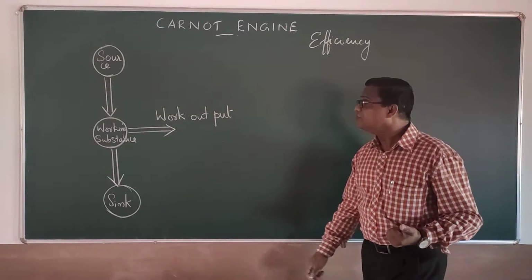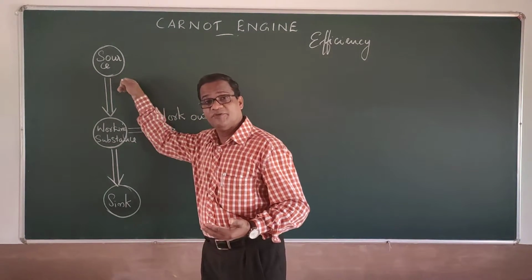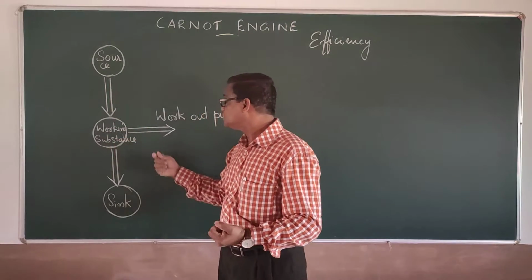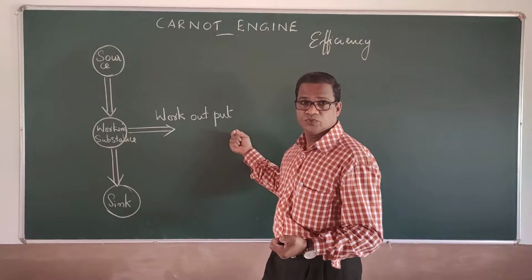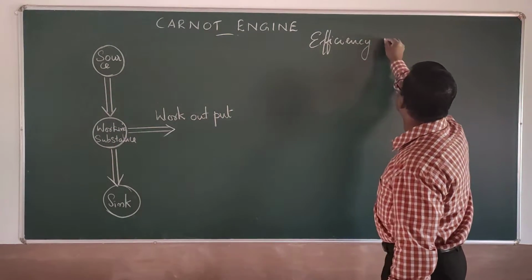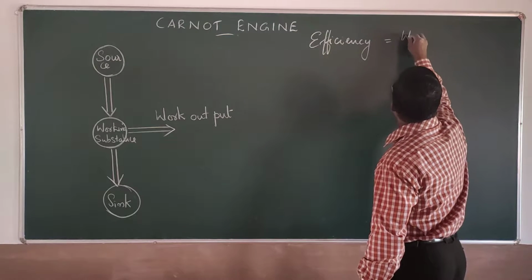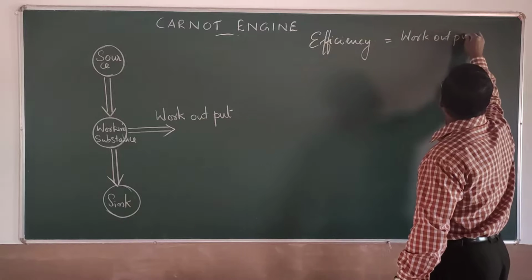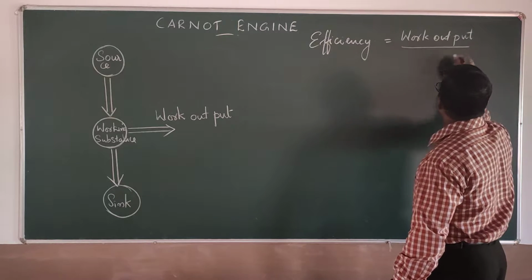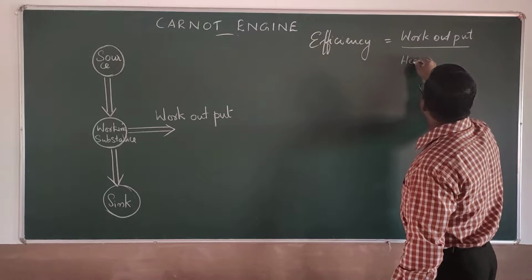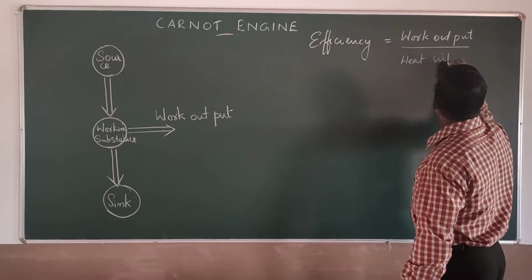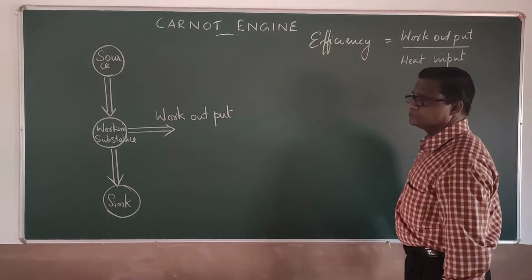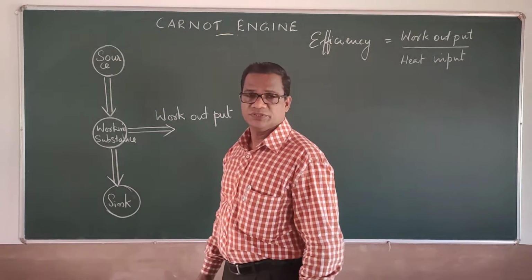Here we are inputting the energy in the form of heat and getting the output in the form of work. So efficiency is equal to work output divided by heat input. This is actually the efficiency.